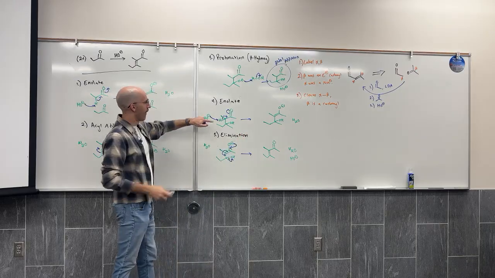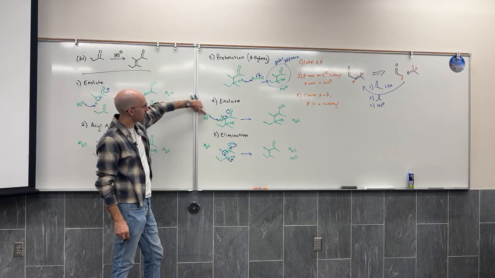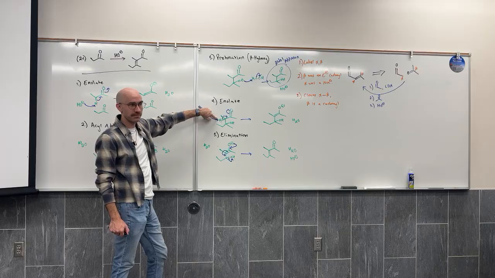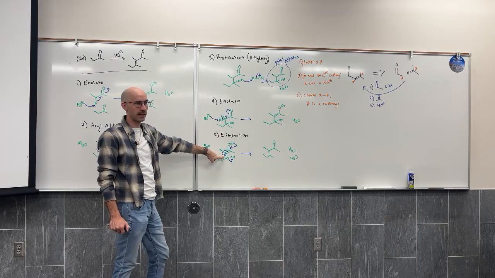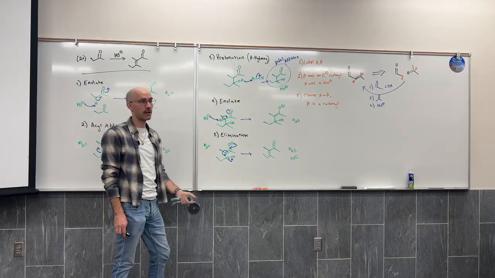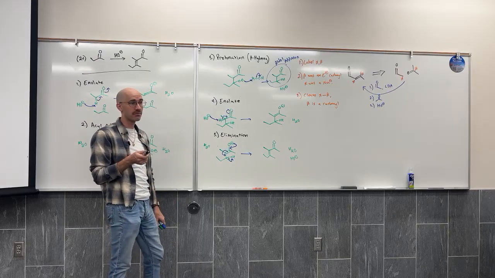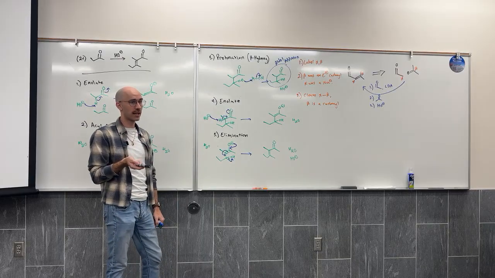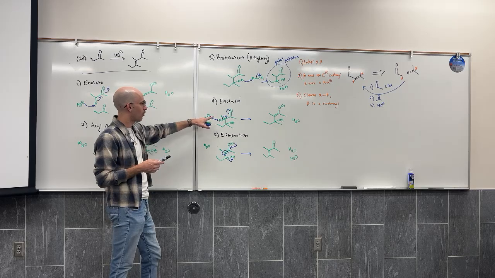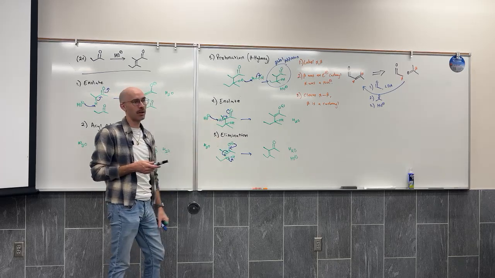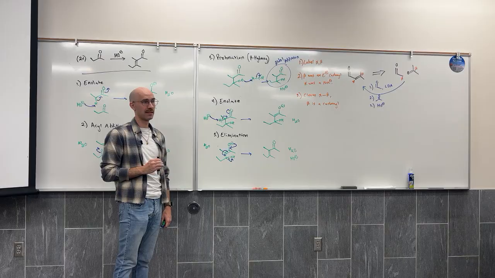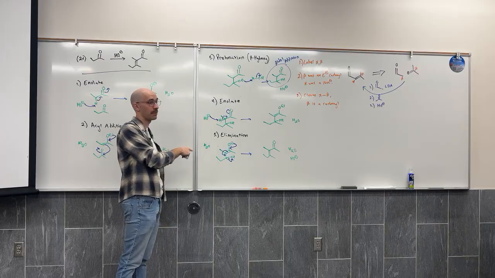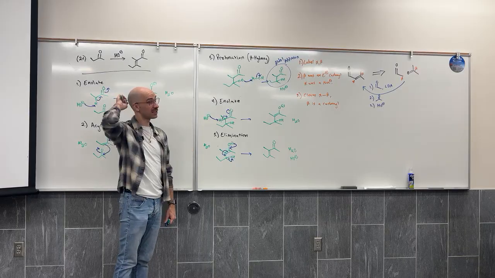Anyways, I'll see students that take this alpha hydrogen and directly form the alpha-beta carbonyl while kicking off the hydroxide. I get it. That's not a crazy idea to say, why can't this just happen at once? But it doesn't. That's the important thing. Yes, it could happen, but it doesn't happen.